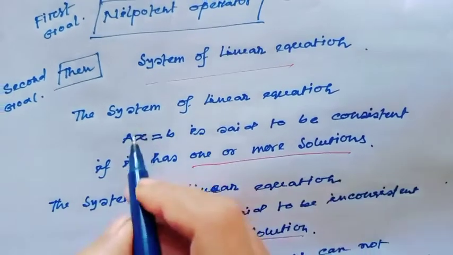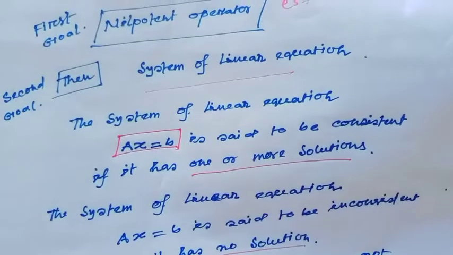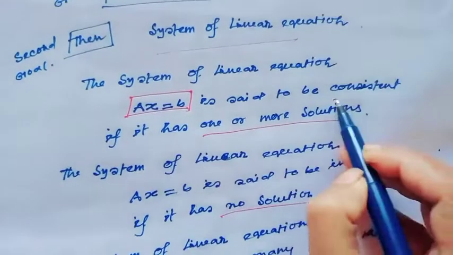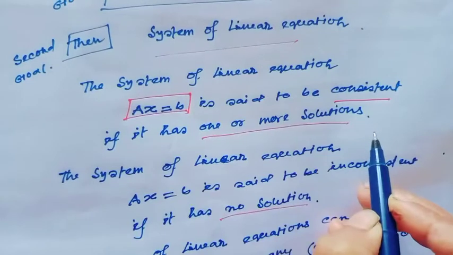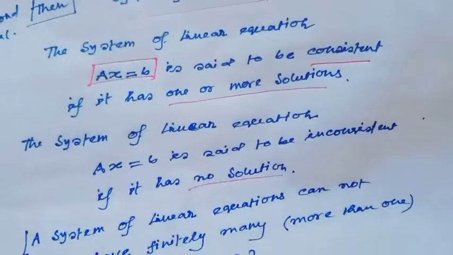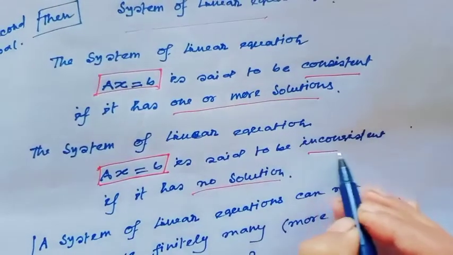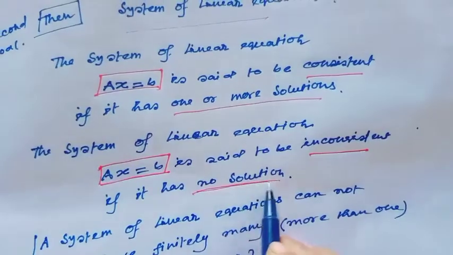The system of linear equations Ax = b is said to be consistent if it has one or more solutions, and it is said to be inconsistent if it has no solution.